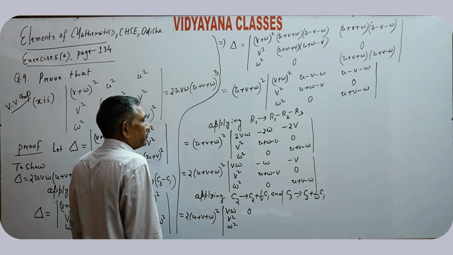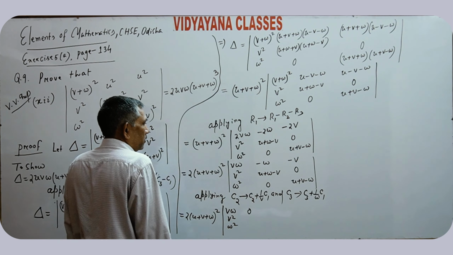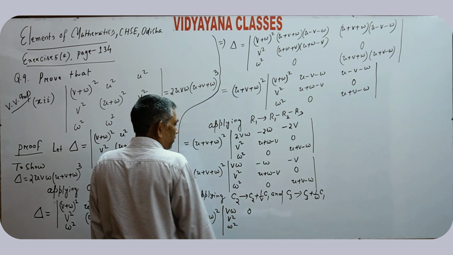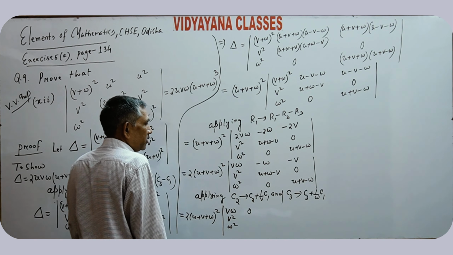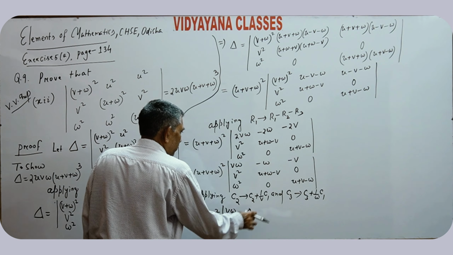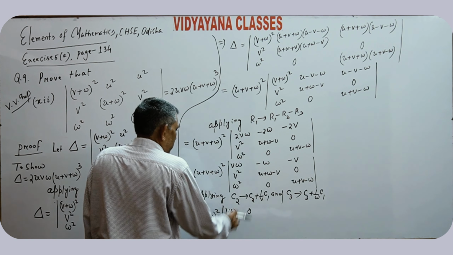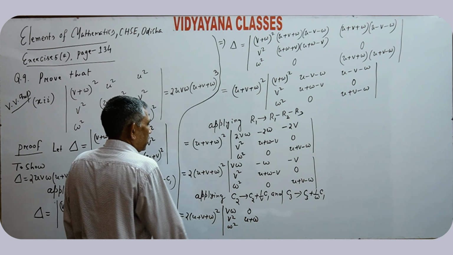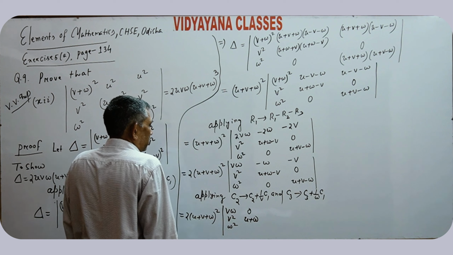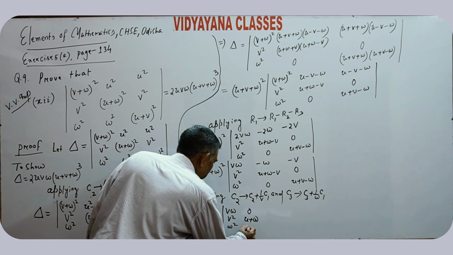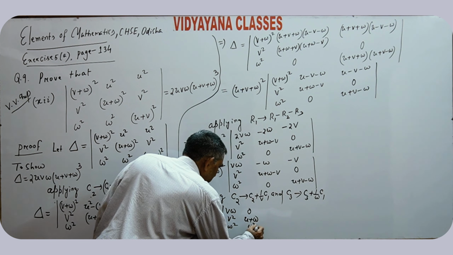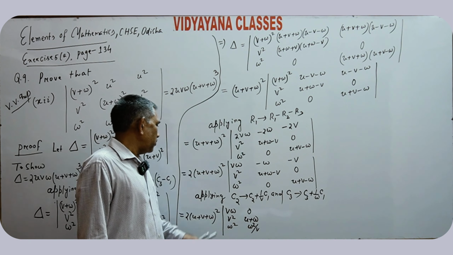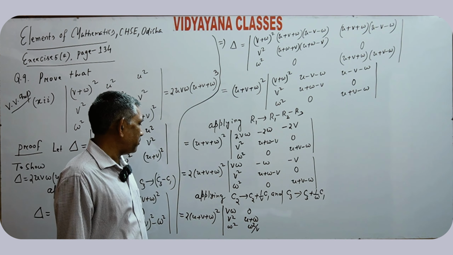C3 is replaced by C3 plus 1 by w C1. It is 0. This plus 1 by v cancelled, that is u plus w. 0 plus 1 by v into w square, that is w square by v.